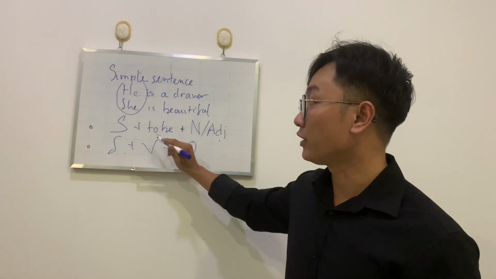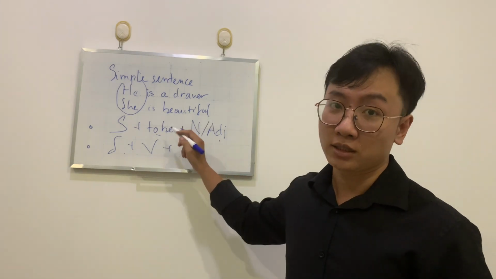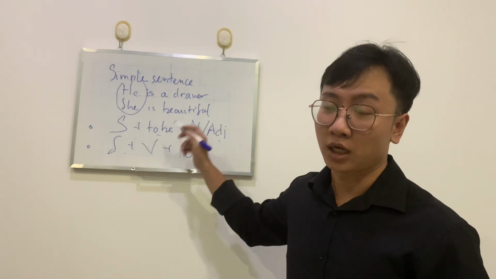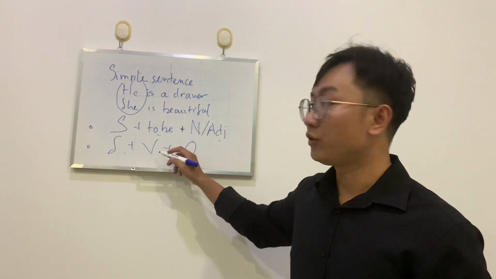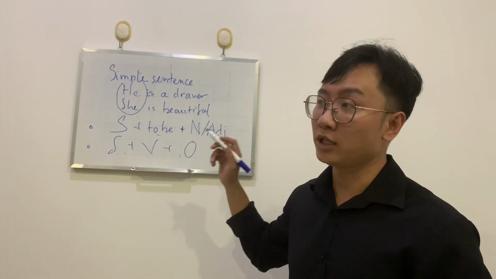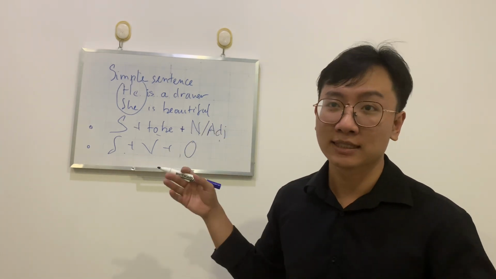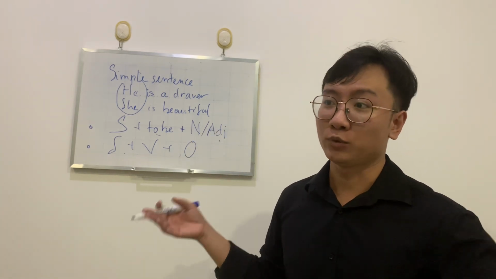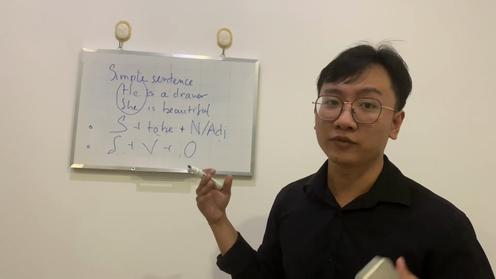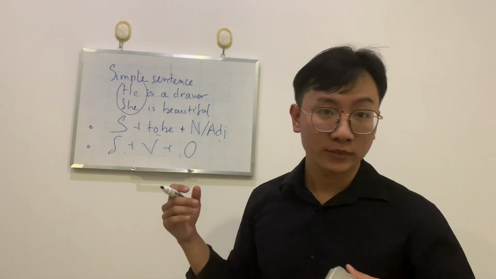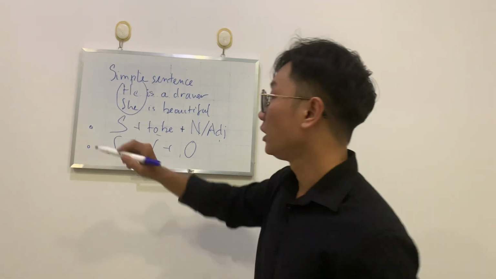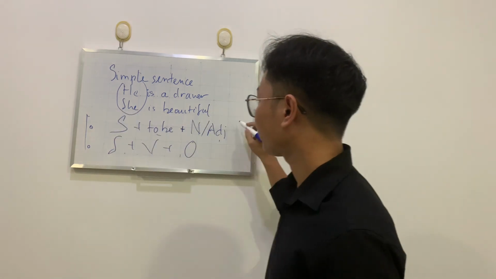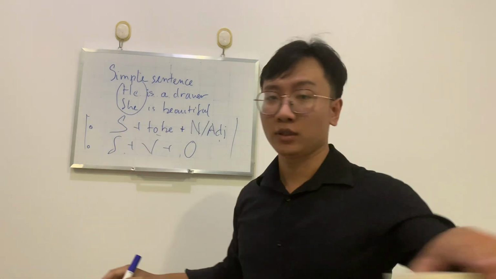So to be is either is, am, or are. Verbs have to be either with es or in the infinitive form. Okay, now note this down.